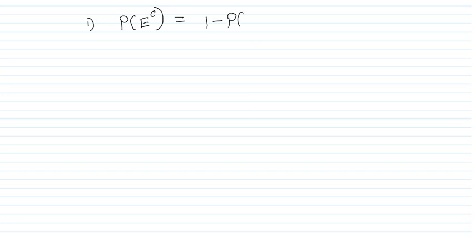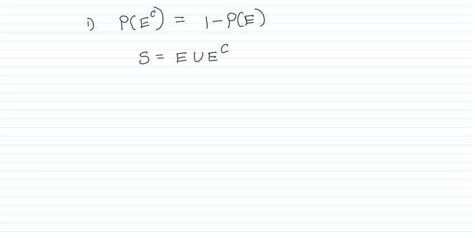So let me prove the first one. The first one is the probability of E complement. We'd like to prove this is nothing but 1 minus P of E. Let's prove it. You know the entire sample space can be expressed as E union E complement, isn't it?